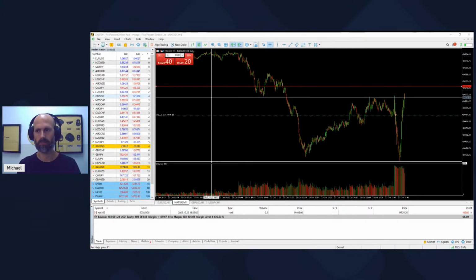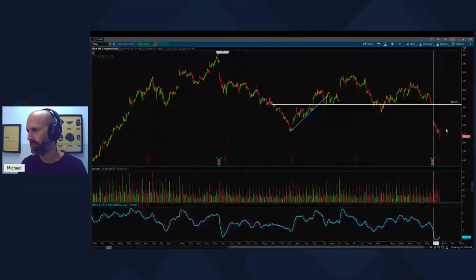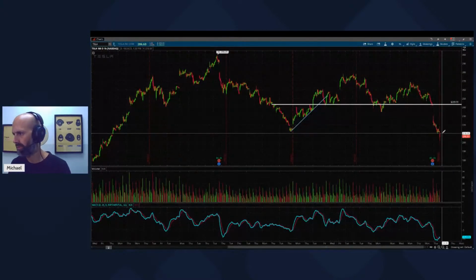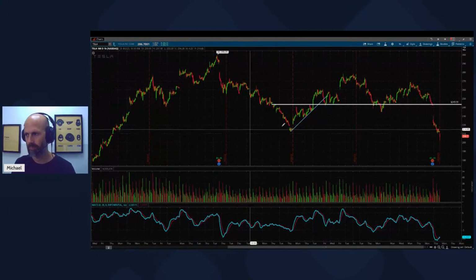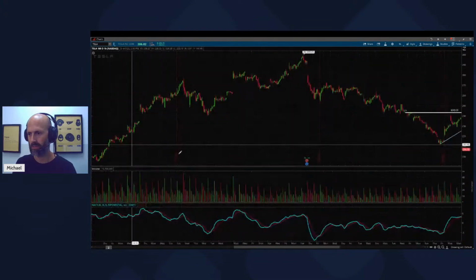Short in Tesla. Let's see. Hourly chart on Tesla. I need to see those levels.